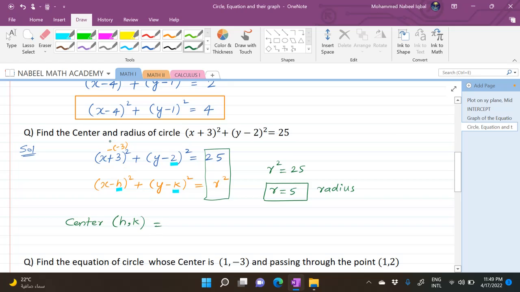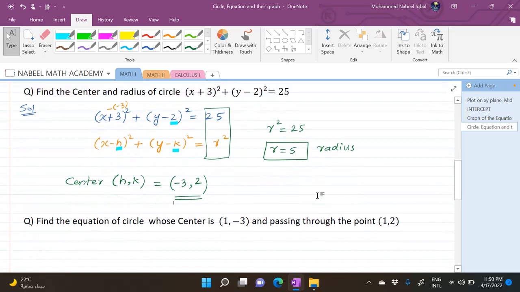So always if it is plus, I have to take the opposite sign. Therefore the center is minus 3 comma 2. So this is my center. So this is the question: find the center and radius of the circle. The circle equation is given, you have to find the center and radius.